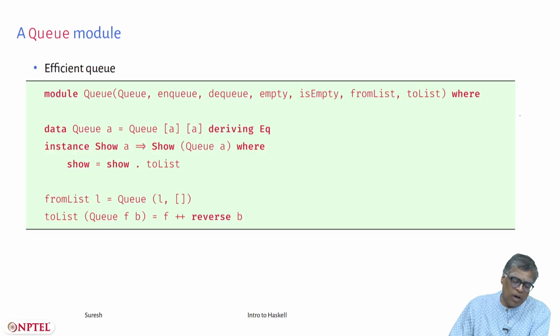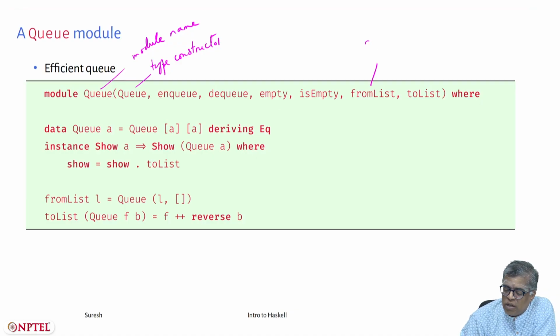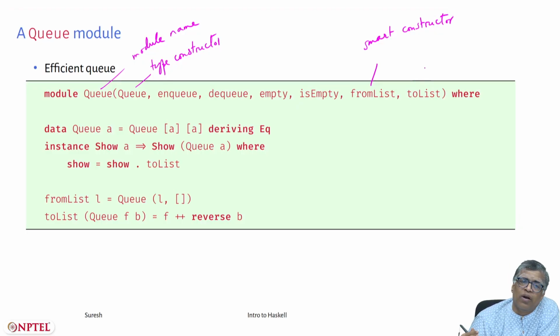Here is the type constructor, this is the module name, and here is a smart constructor. You also want to hide the internals, so I won't ever display a queue directly; I am converting to list, conversion to list.